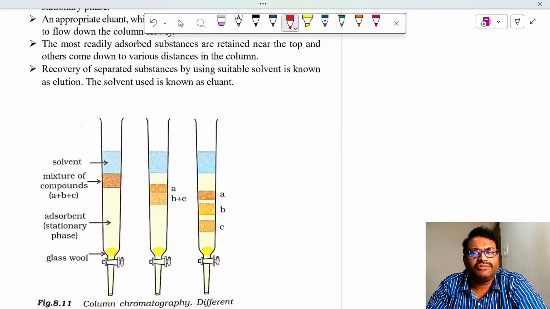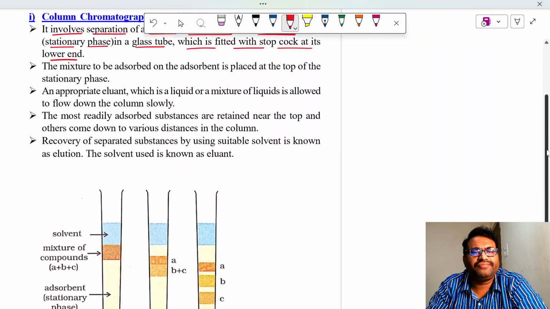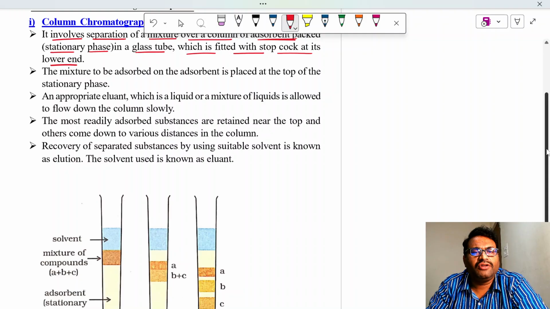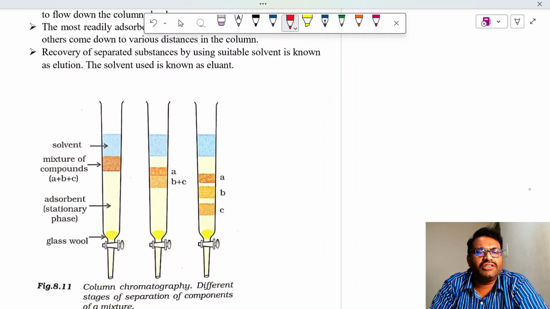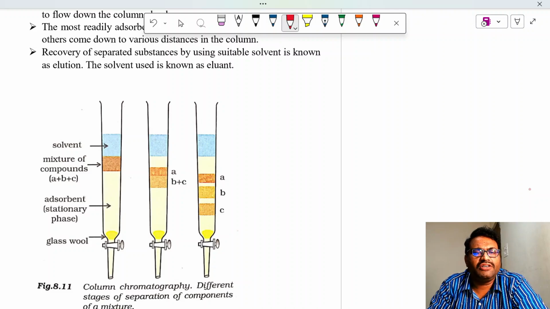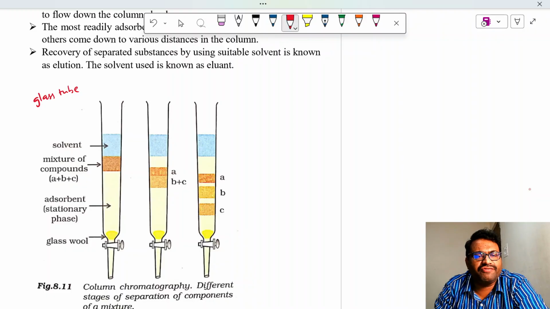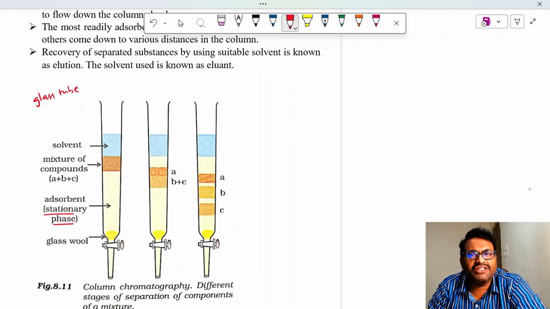So what is this? This is a glass tube. In this glass tube, you have stationary phase. Already we have discussed that the stationary phase can be either solid or liquid.